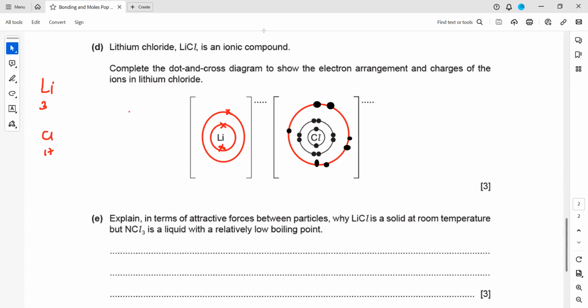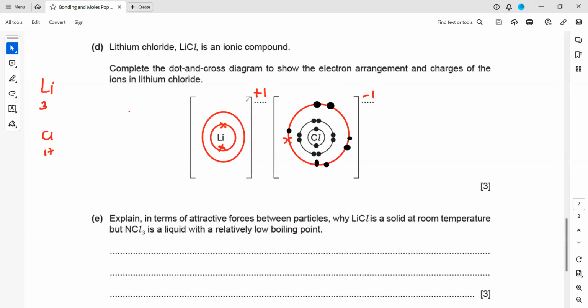There is a complete transfer of electrons. The metal loses its valence shell electron, and that is transferred to the non-metal, which gains that electron and completes the octet. Because lithium loses 1 electron, there will be a charge of plus 1, and chlorine gains 1 electron to form a chloride ion, so the charge will be minus 1.